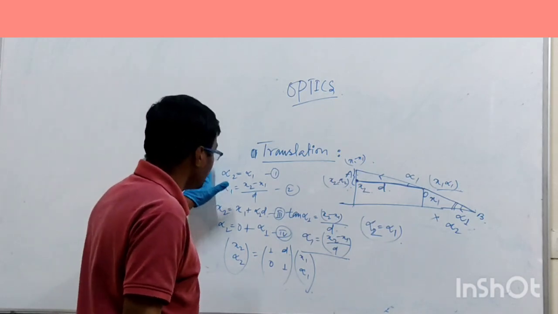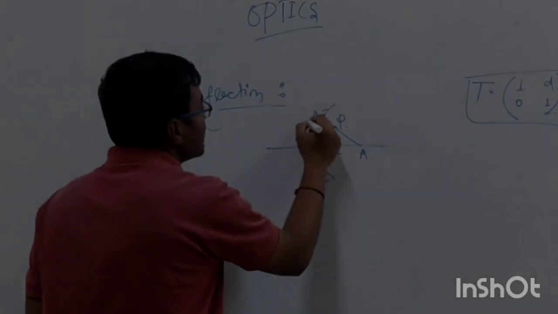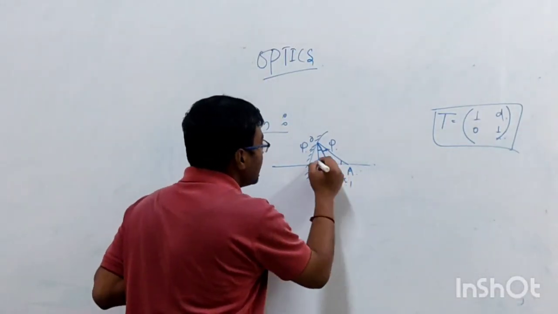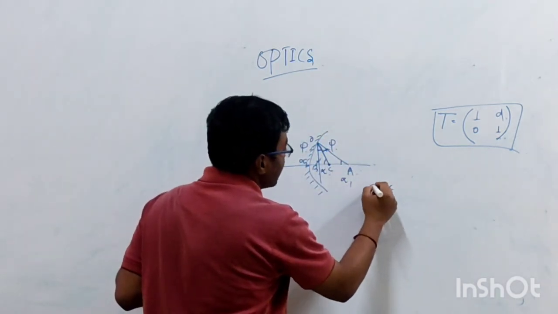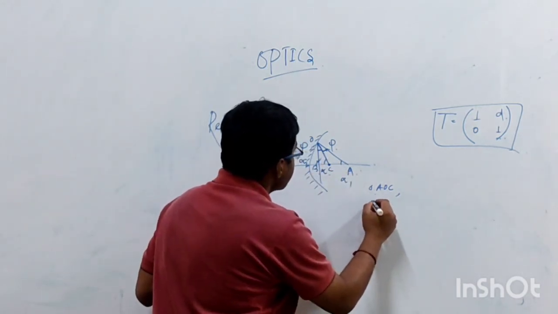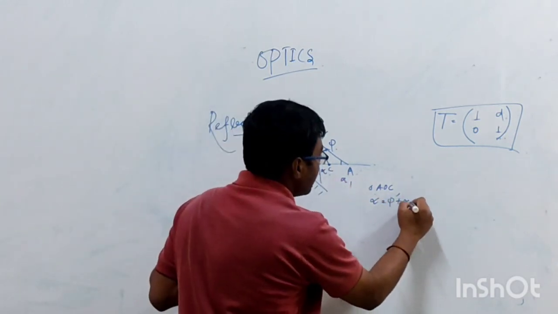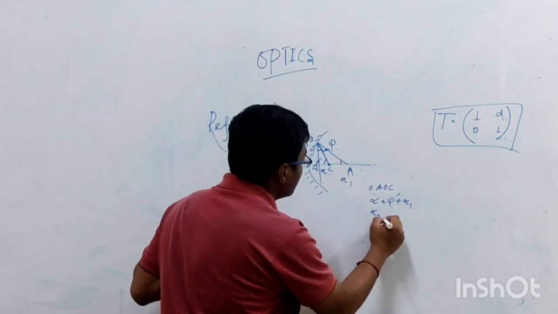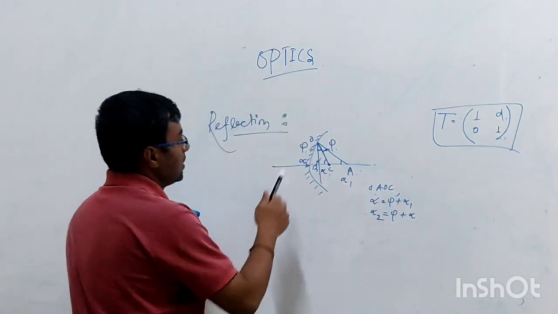Now we have to go for another operation, reflection. This is fine, then that will be also fine. We consider this alpha, and that is alpha 1, and that is alpha 2. So from the triangle AOC, we can see that angle alpha should be equal to phi plus alpha 1, and alpha 2 will be equal to phi plus alpha.